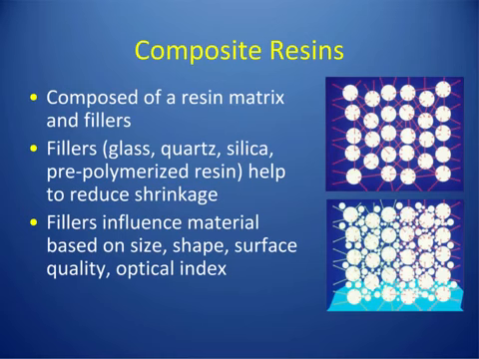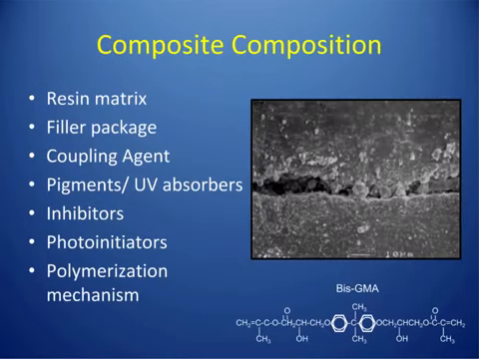The materials themselves, as we mentioned, are resins and fillers, but also have coupling agents and pigments, UV absorbers, which allow us to work under natural light sources or under our operatory light sources, inhibitors to give us the ability to have prolonged work time, and photoinitiators such as camphorquinone, which are what triggers our light-based reaction.